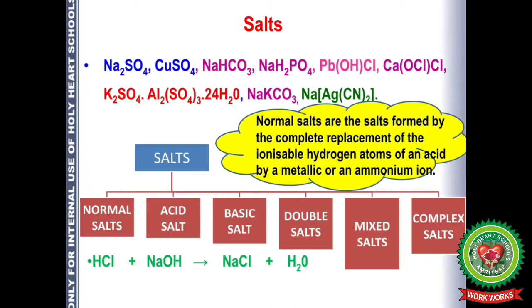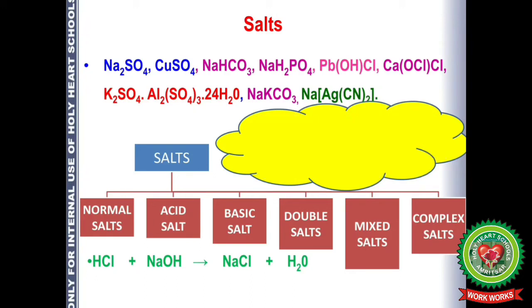Similarly, we can take an example of another one, that is sodium sulfate also. In that, from sulfuric acid, completely both the hydrogens are replaced. So that can be also considered as one of the examples, like sodium sulfate and copper sulfate. They are normal salts because here no hydrogen is present.